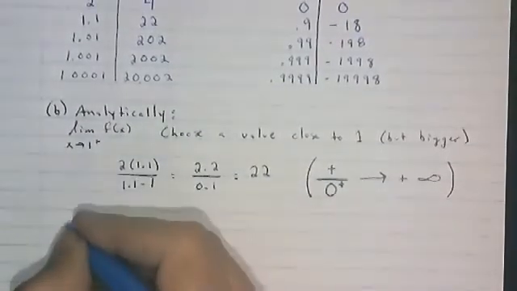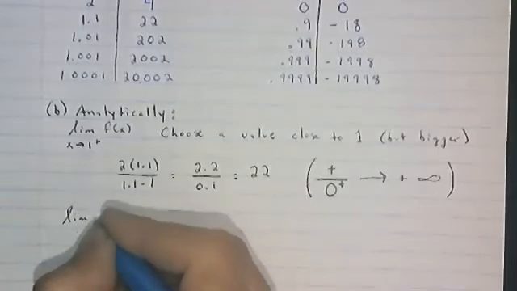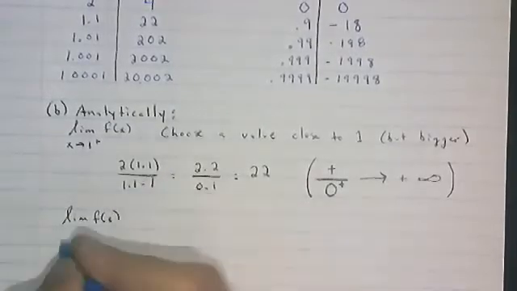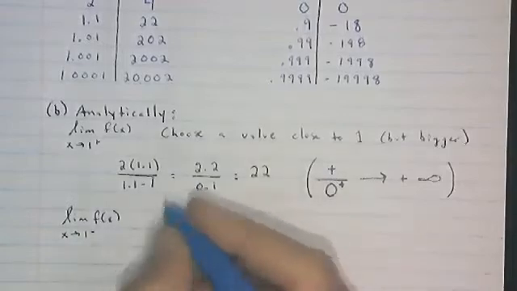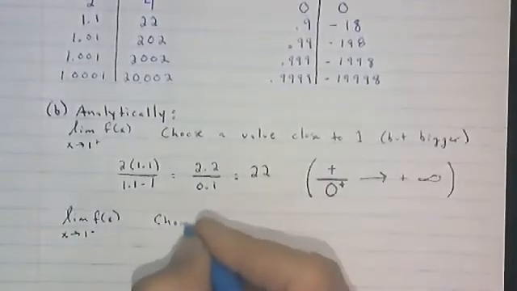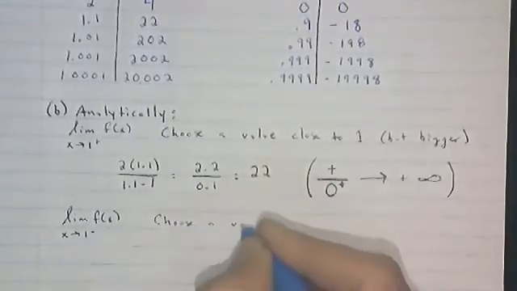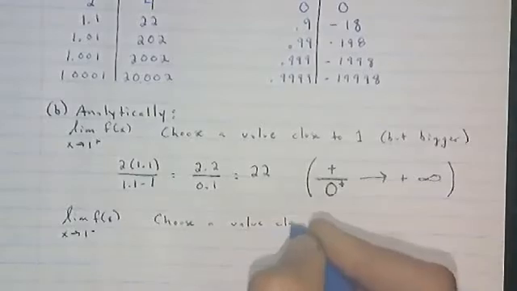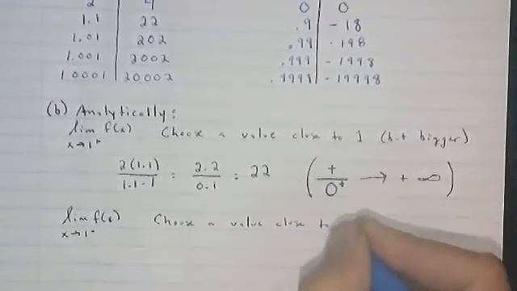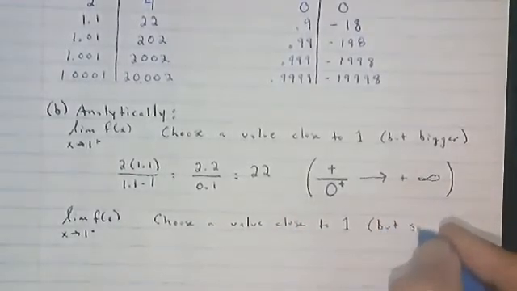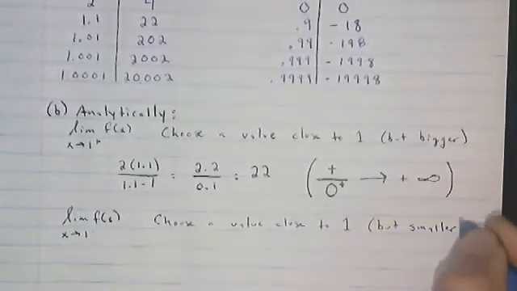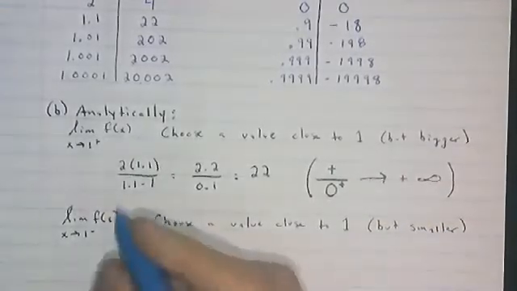Well, from the left side, we can do a similar song and dance and arrive at a different conclusion. We're going to choose a value close to 1, but smaller. Like 0.9.